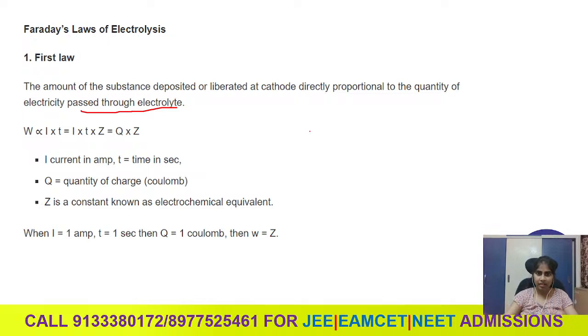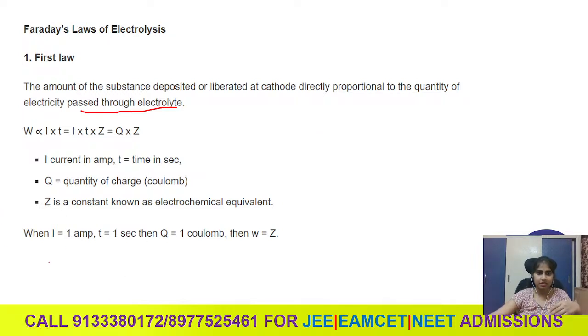Whenever we pass a certain amount of electricity through a solution, oxidation and reduction reactions happen in that electrolyte. So the amount of substance deposited at the cathode is directly proportional to the amount of electricity passed into that solution.